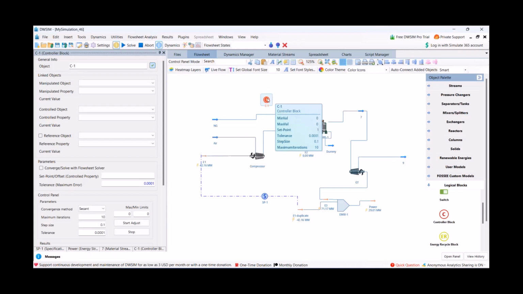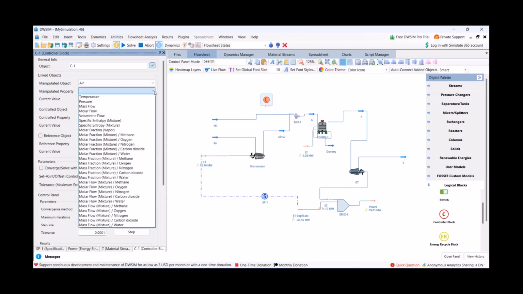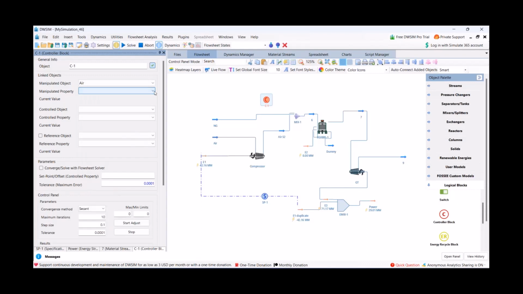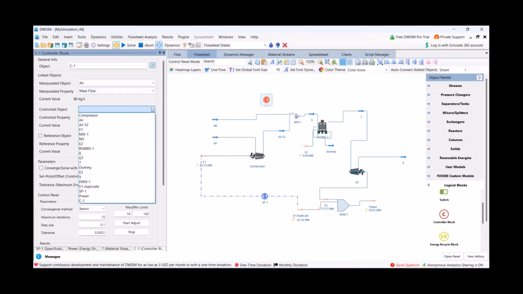So in the controller block, we need to manipulate the air mass flow, and we need to control the stream 7 mole fraction of oxygen.